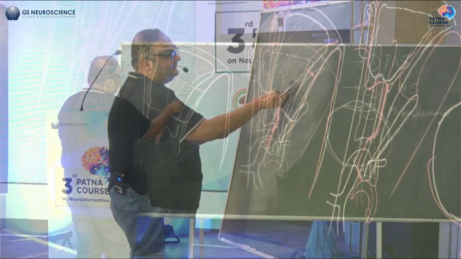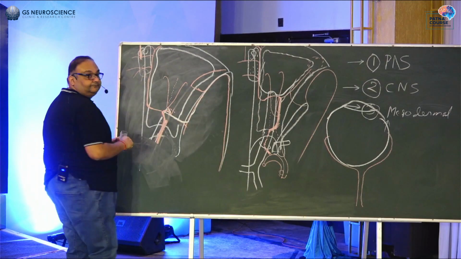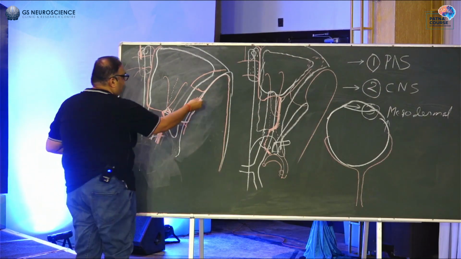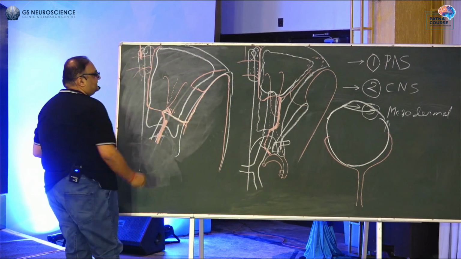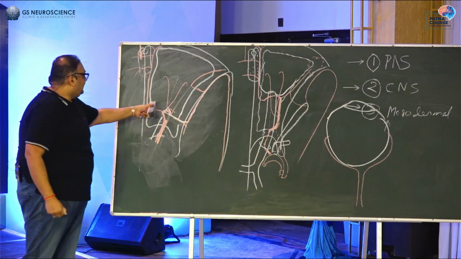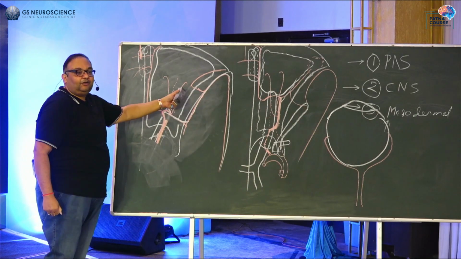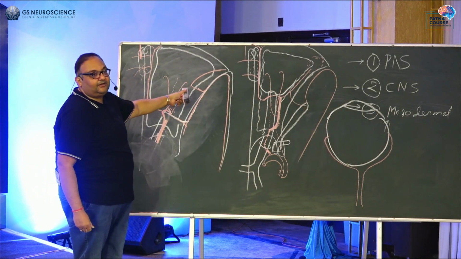This connection is not there. And the rest of the middle meningeal artery, through the superior orbital fissure, gives rise to the ophthalmic system. Now, this becomes important in the present day when we are doing a lot of middle meningeal artery embolizations for chronic subdural hematoma.